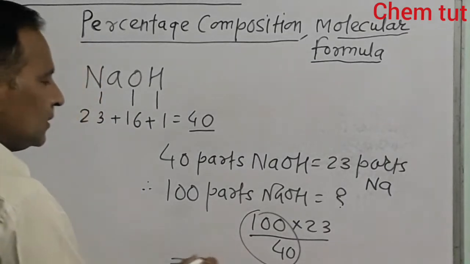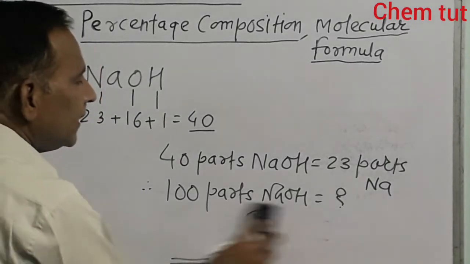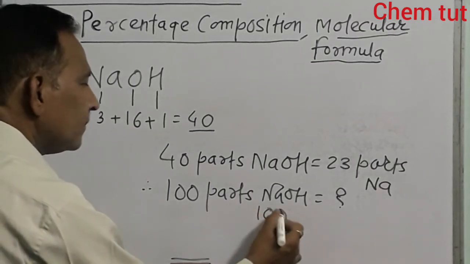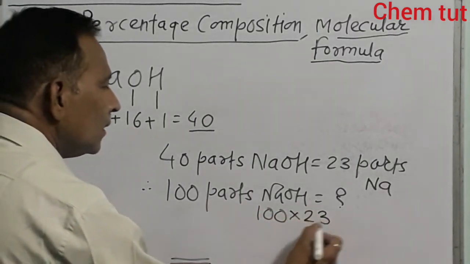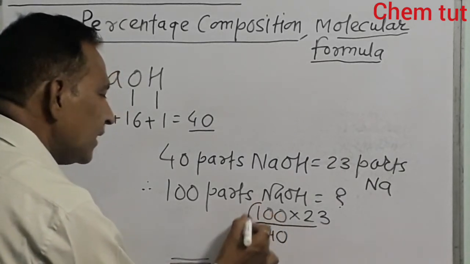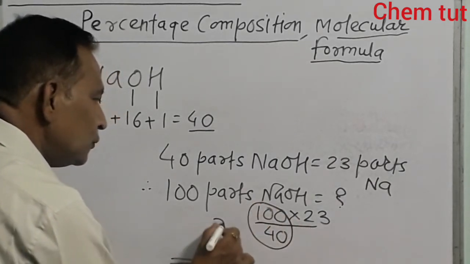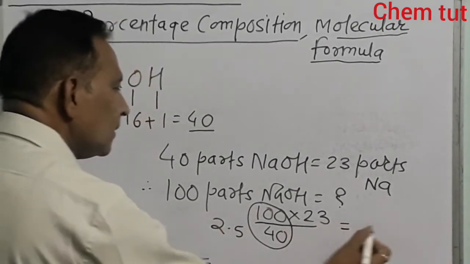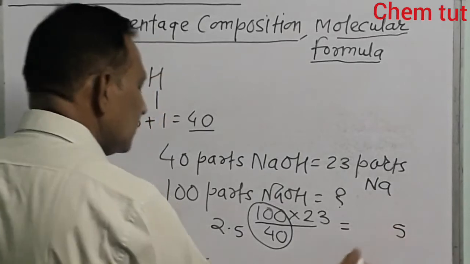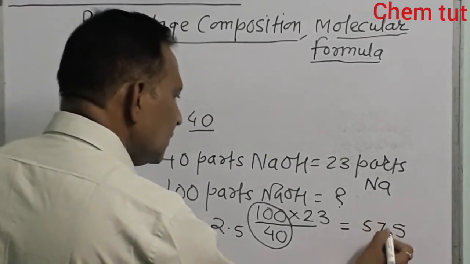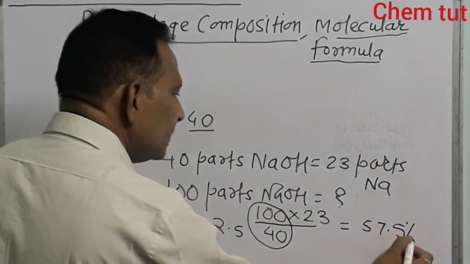So 2.5 multiplied by 23 gives 57.5, so it will be 57.5%.